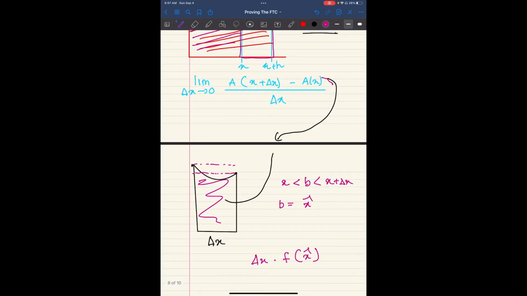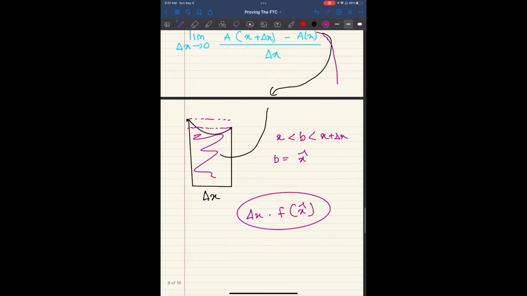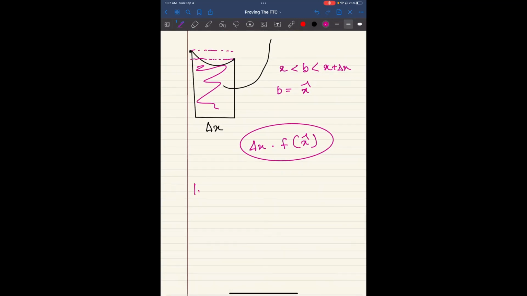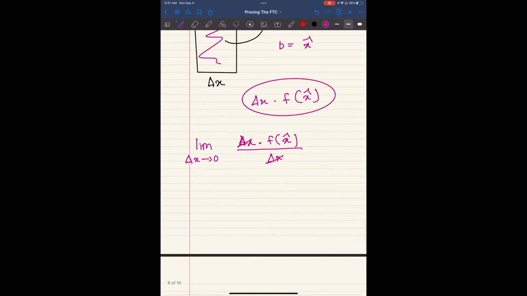So we can replace this equation over here with this one. So what you realize is it's the limit as delta x goes to 0 of delta x multiplied by f of x hat over delta x, and the delta x's cancel out. So it's the limit as delta x goes to 0 of f of x hat.